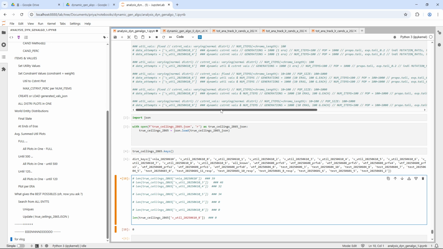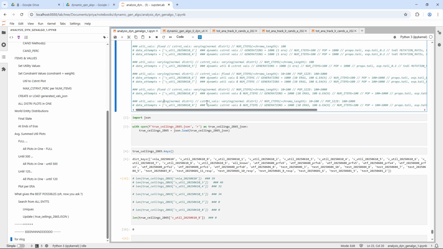And on to the last one, where the utility values would be set to vary, constraint values would be set to vary, and number of items would start from 10 all the way to 100, along with the population size 100 to 1000.